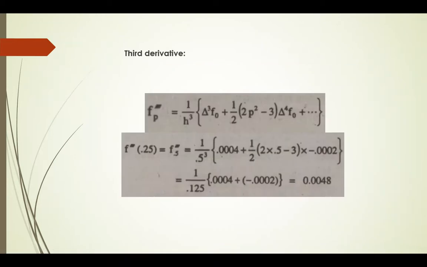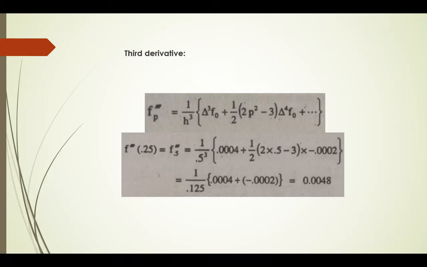And the third derivative is this one. The formula is in front of you, as we have derived in the previous slide. You just need to replace h by 0.5, so that is 0.5 cube. Delta cube f naught from the table, p is 0.5 square.